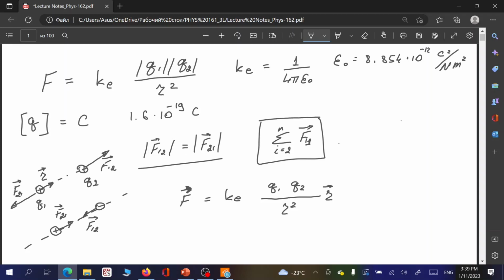Now let us consider an example of interaction between two charges. Let us assume that we have two positive charges, attached to some massless ropes. One positive charge, another positive charge.